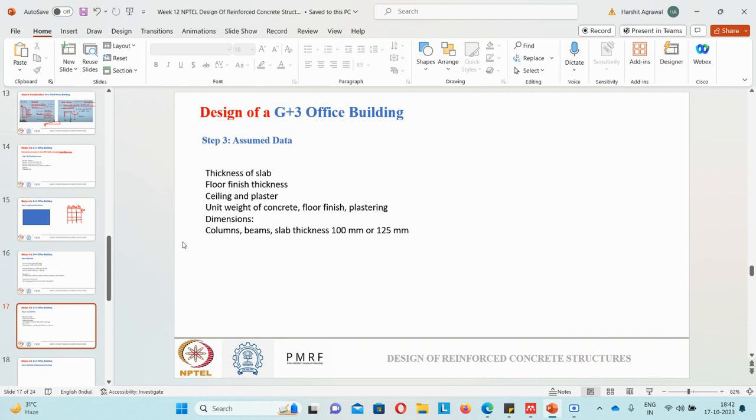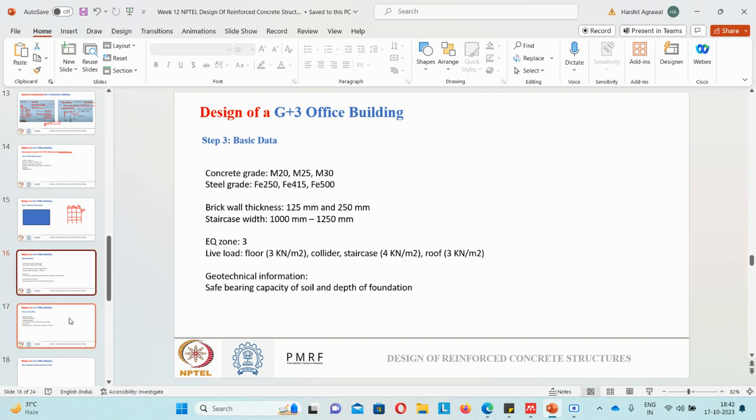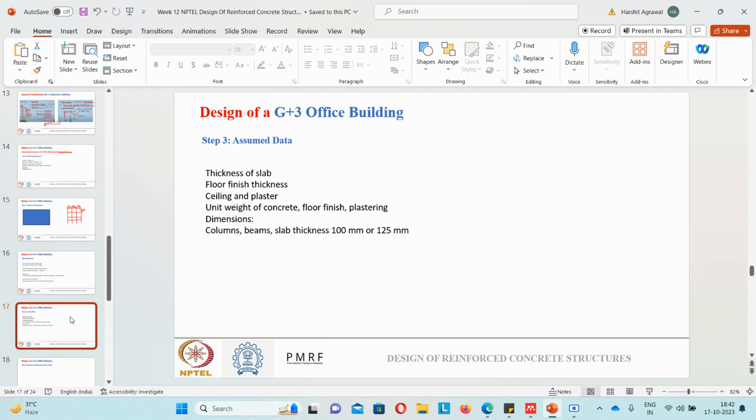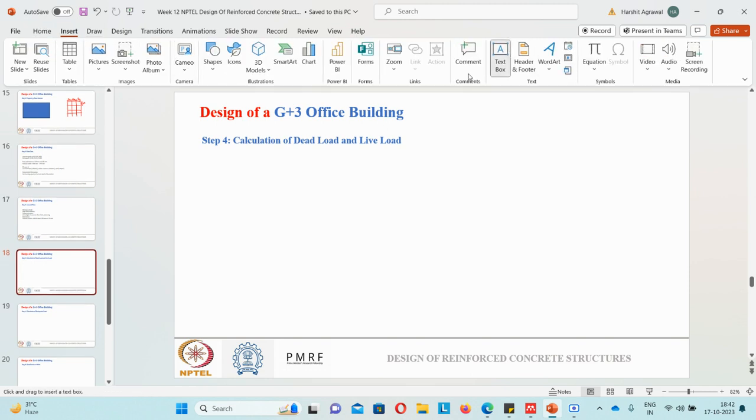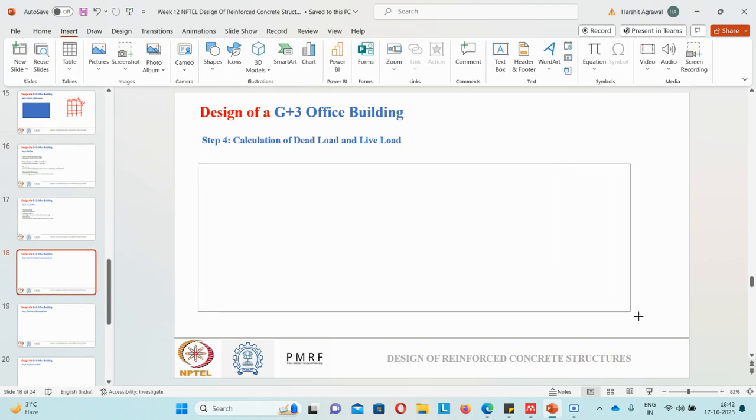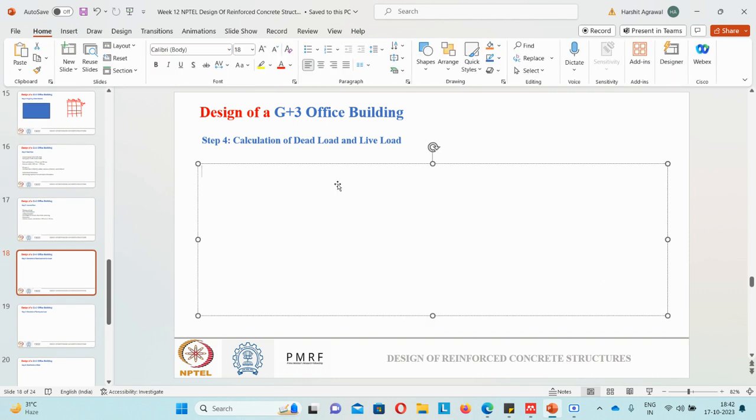Okay, now once we know the basic data and some of the assumed data, we can go with the next step, that is calculation of dead load and live load. So how is this done? Since we had a detailed discussion in one of the questions discussed in week 12, I'm just providing you an overview. Once you know all the basic information about design, we can go with the calculation of load.